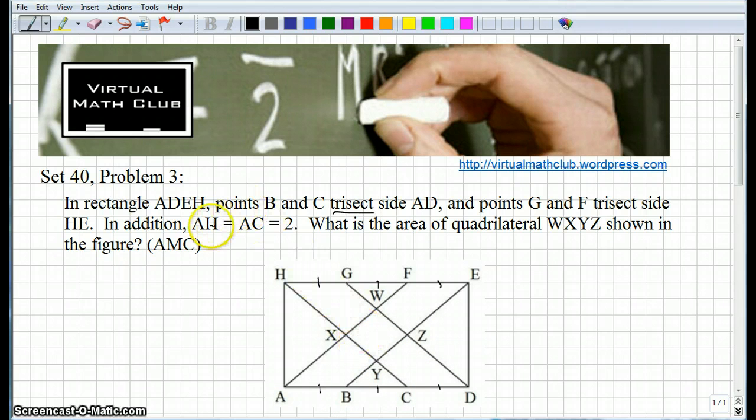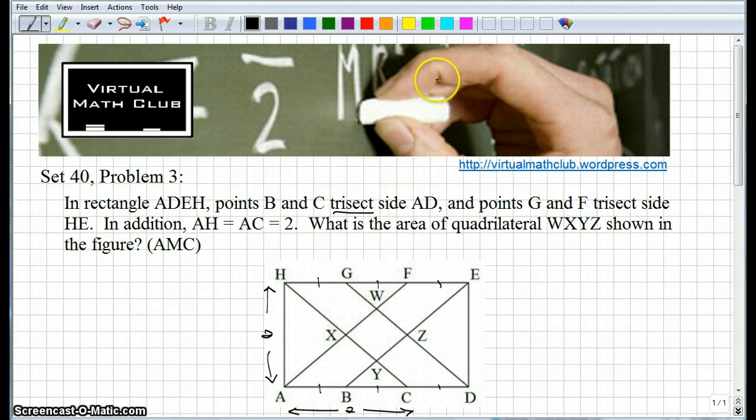And then we're told that AH is 2. So the length of this side is 2. And AC is also 2, so from A to C is 2. And we're asked to find the area of the quadrilateral WXYZ.